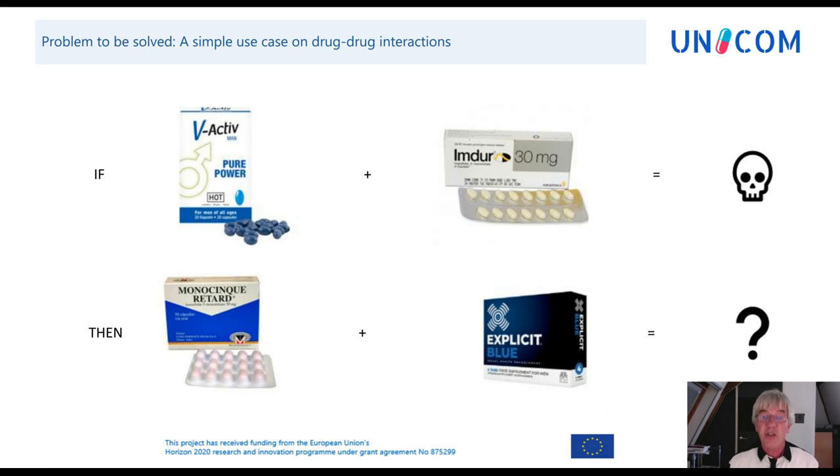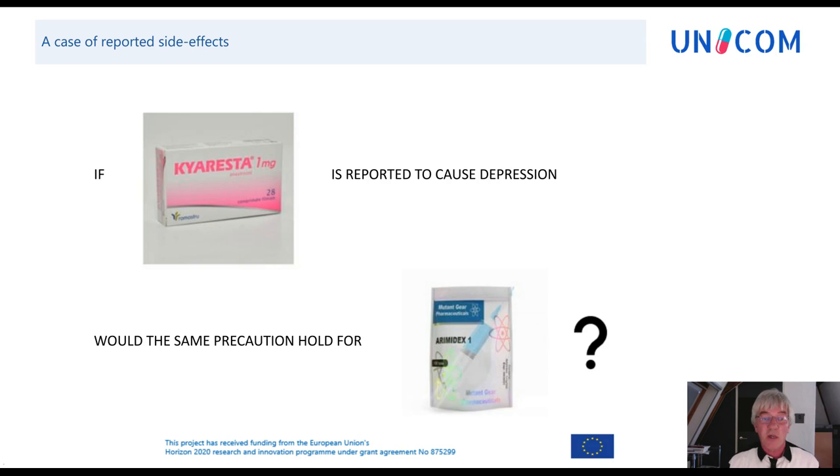Drug-drug interactions need to understand what's in the drug, what the ingredients are. Another problem that we're trying to solve is with reported side effects. So if we know that Kyresta has been reported to be a cause of depression, would the same thing hold for another medication?